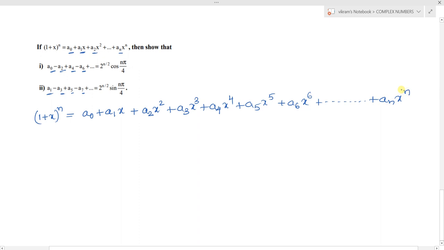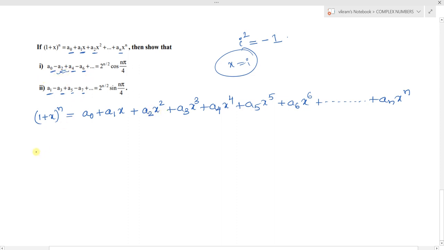To get the alternating signs, how do we get a0 minus a2? The square of a number must be negative. If x square is negative, then we get minus a2. So what number has a negative square? It is nothing but iota, where iota square equals minus 1. If we replace x equals iota, then we obtain a2 into i square, and i square is minus 1, that means minus a2.